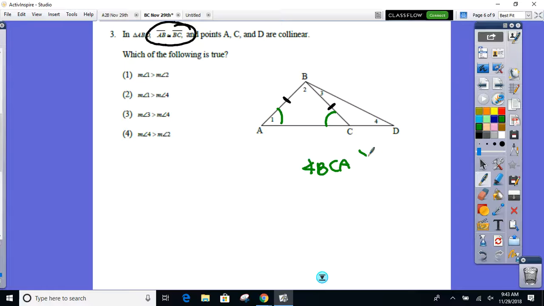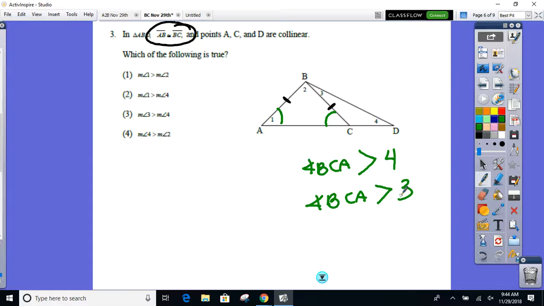Somebody tell me an angle that BCA is greater than. Go ahead, Julie. Angle 4. And somebody else. There's another angle that's bigger than BCA. Angle 4 and angle, what do you got? Angle 3. Everyone agrees? Because it's exterior. We're all in agreement. What did we mark BCA congruent to? What did Jack tell us it was congruent to?